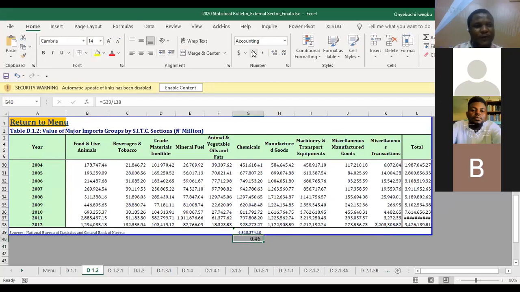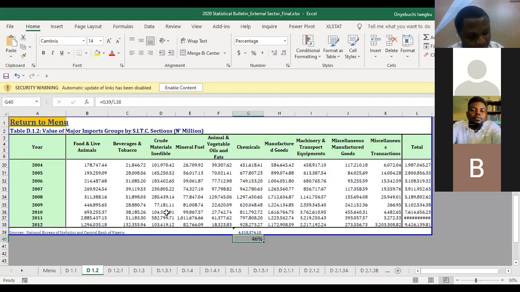You see, 46%. That means our importation of non-oil, chemicals, manufactured goods, machineries, transport, and equipment takes up 46% of our total import. That is alarming.